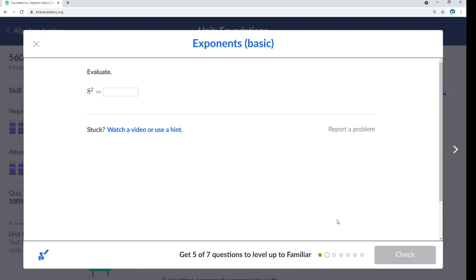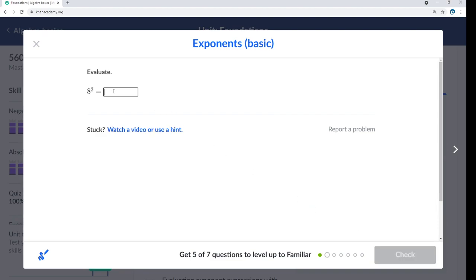So, next question. This would be 8 times 8. Oh gosh, this is the thing, I don't have strong multiplication tables in my head. So 8 times 8 is, I don't know.